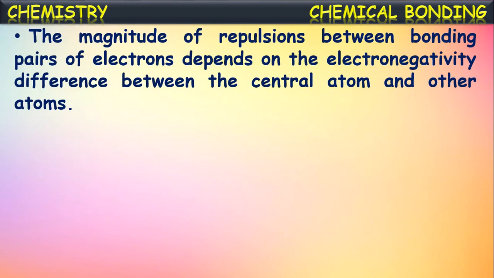The magnitude of repulsion between bonding pairs of electrons depends on the electronegativity difference between the central atom and the other atoms. In the earlier case we saw that the repulsion is greater with lone pairs of electrons than bond pairs: lone pair repulsion is greater than lone pair-bond pair repulsion, which is greater than bond pair repulsion.